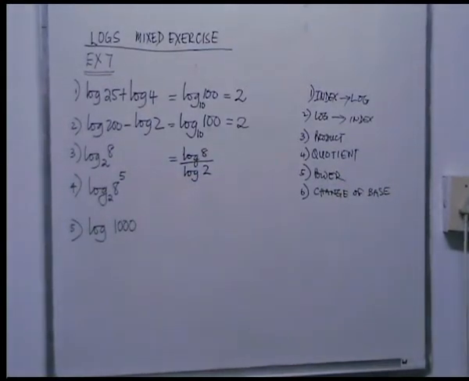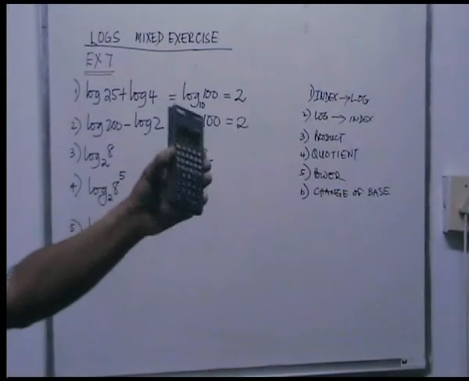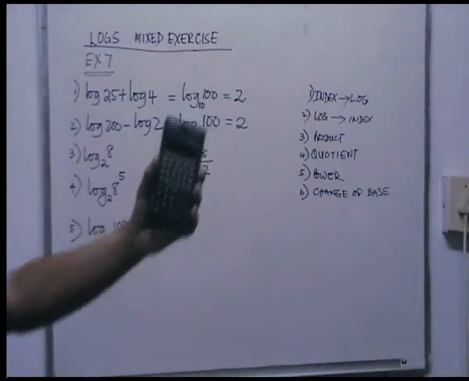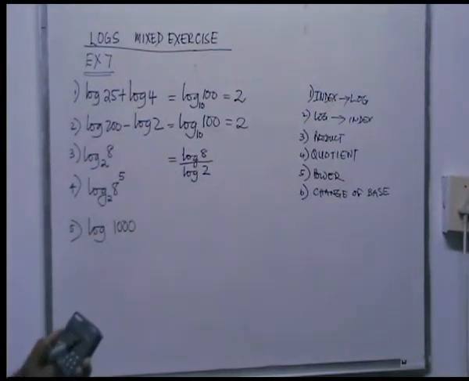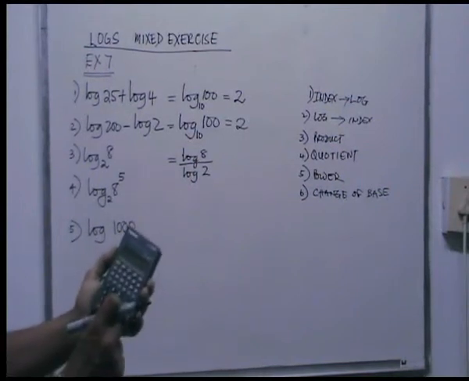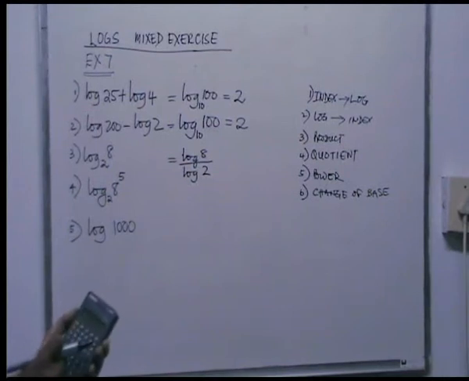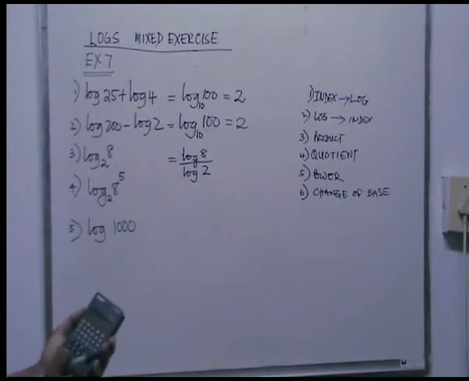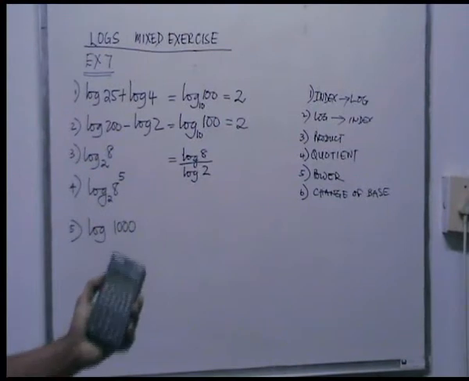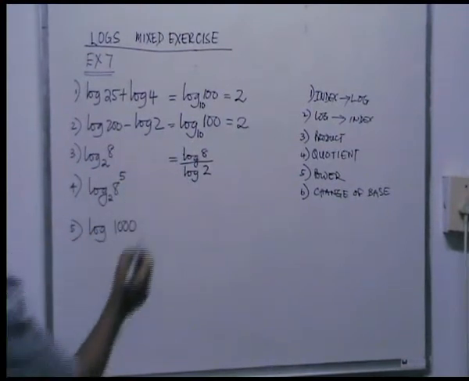So all you do is you take the calculator and you plug in log of 8 divided by log of 2 is equal to, and the calculator will give you the answer 3.